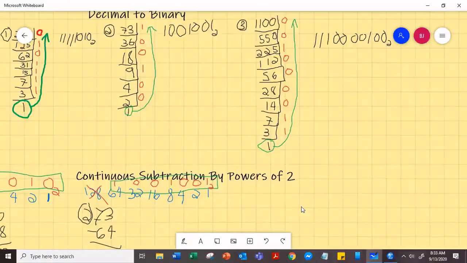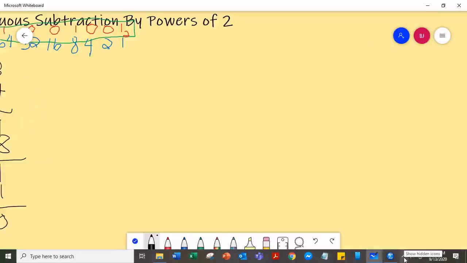Finally, let's use it on a 4-digit number, 1100. Okay, so let's now go ahead with our third example. Let's move it with a bigger space. We'll still use our third example from last time, which is 1100. So as always, we write the powers of 2, and there's a lot of them to reach 1100.